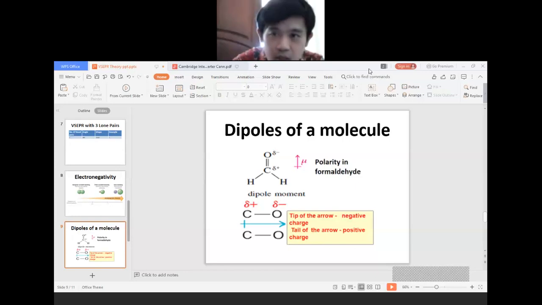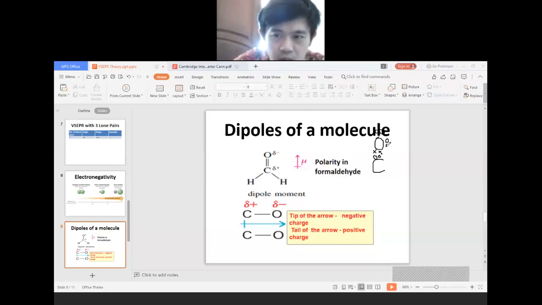So let me do the annotation here. Okay, drawing the dot and cross diagram of formaldehyde. So this one is carbon, this one is oxygen, and there is a lone pair.